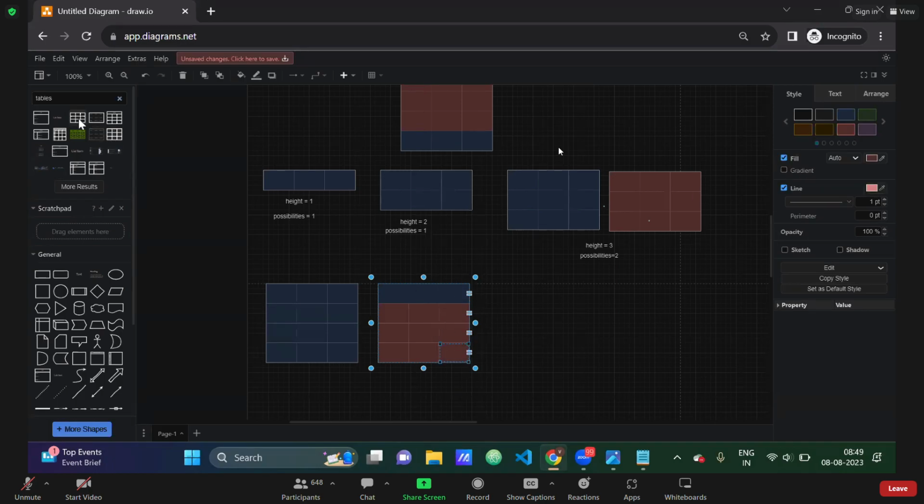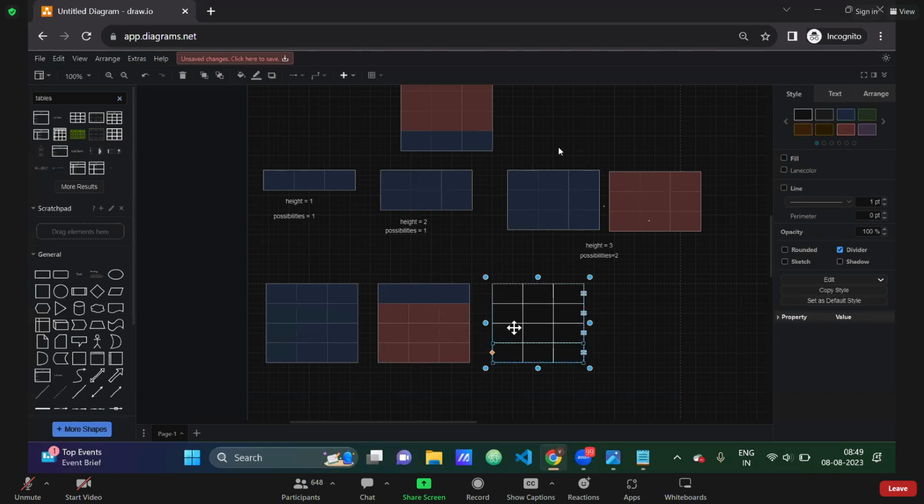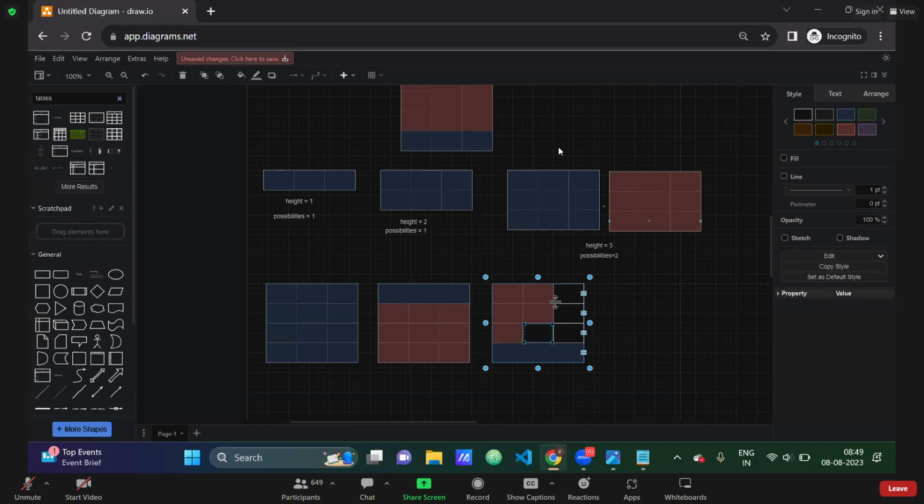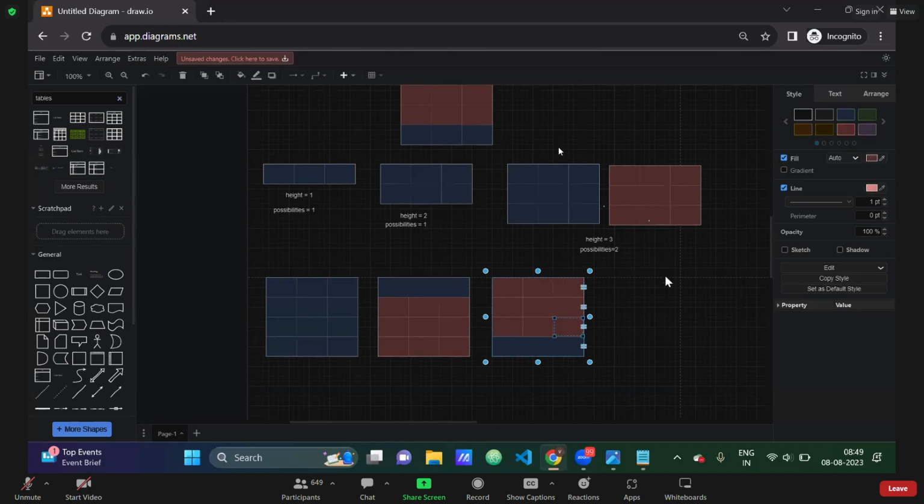The third possibility is three vertical and one horizontal. One horizontal, three vertical. Don't worry, we'll be completing the logic and the code today itself.